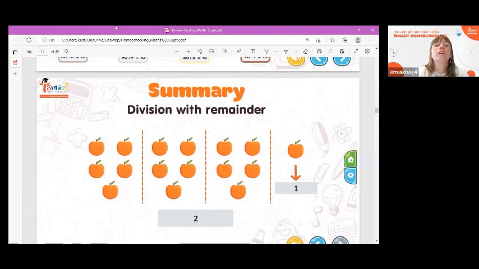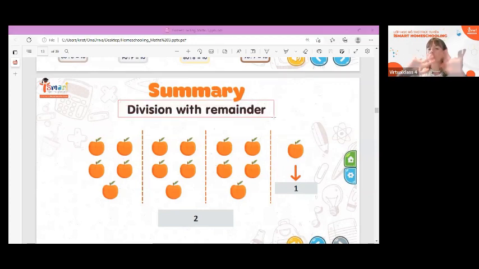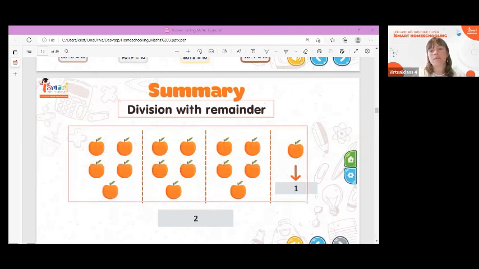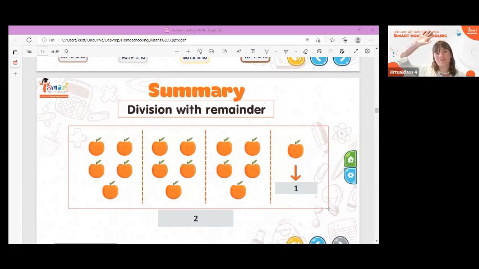All right, so here we have division with remainder. So when we cannot divide into equal parts, there will always be a remainder. So who would like to tell me, what is the sum? Hands up.